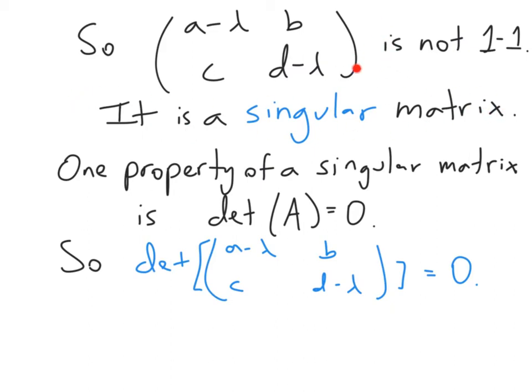It must map multiple things to 0. And one property of a singular matrix happens to be that the determinant of that matrix is equal to 0. So we know from the fact that it maps a non-zero vector to 0 that the determinant of this matrix must be 0.